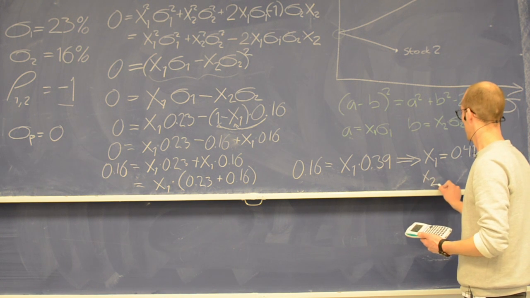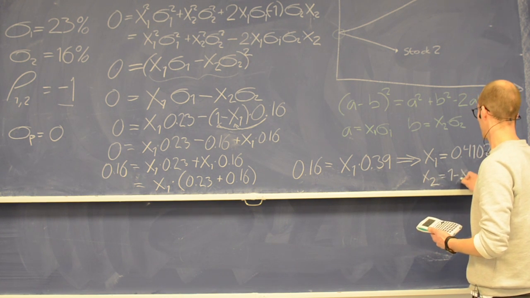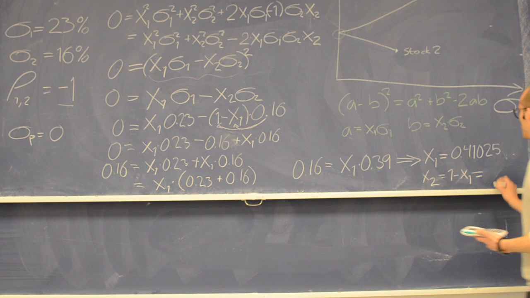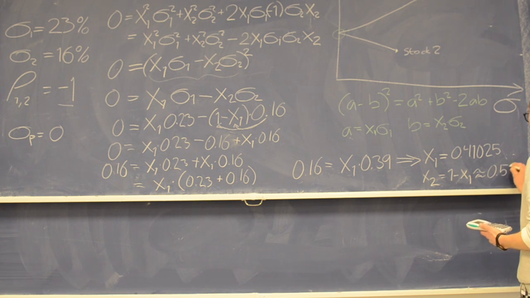So x2 is 1 minus x1, which is approximately 59%, so 0.59.